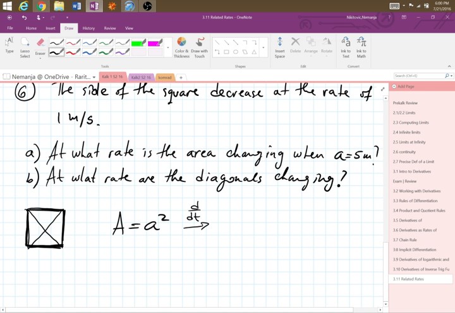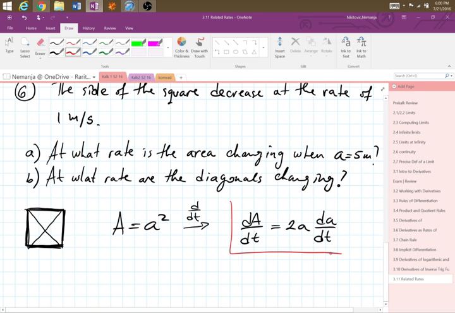All of the problems will be differentiated with respect to time here, because you are measuring how fast something is changing or moving. And what you get here is dA/dt equals 2a da/dt.